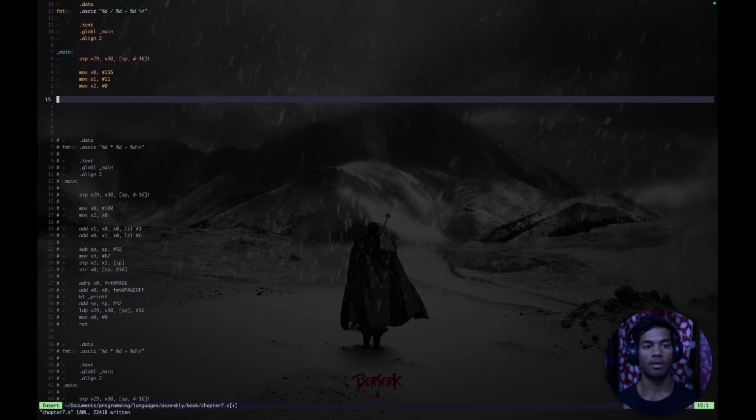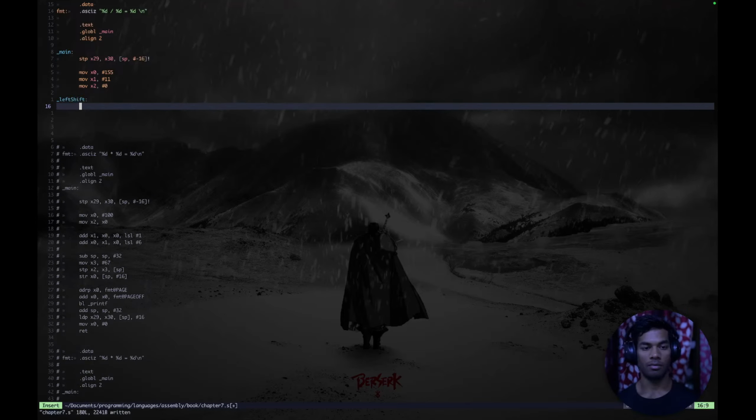So here, left shift, let's call it. So I will at the start compare. This will be a post loop.